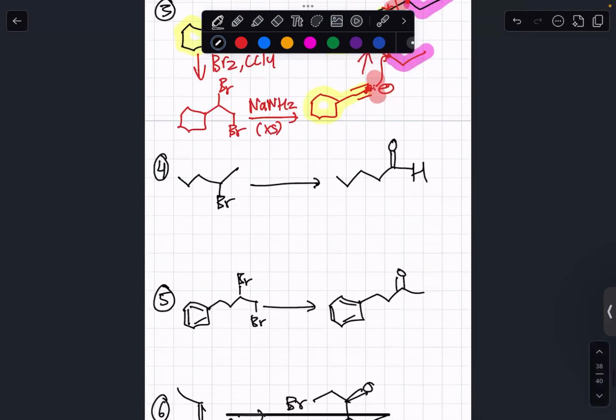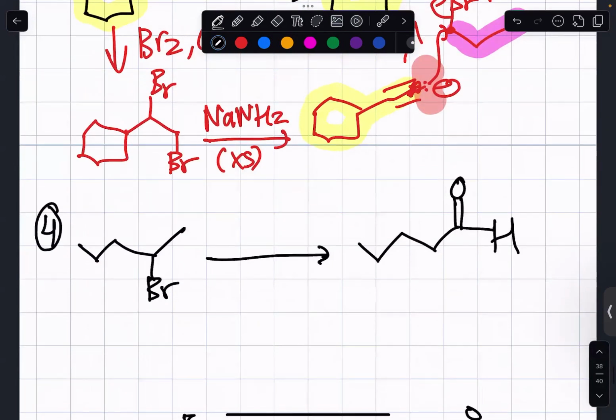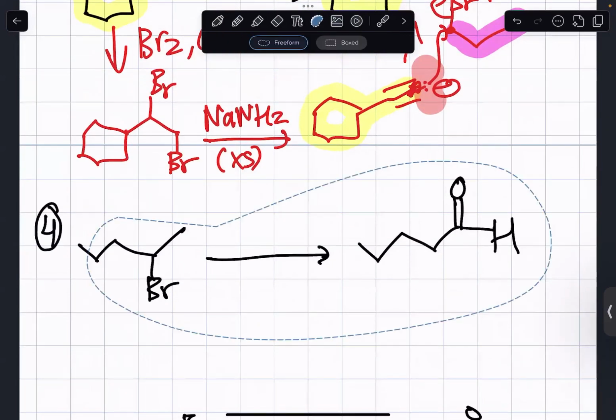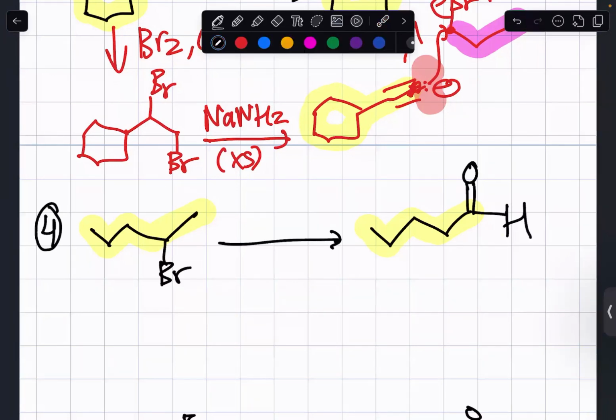Okay. So let me walk you guys through this. We have an aldehyde right here. If I highlight my original molecule in yellow like that, the differences are going to be this bromine and aldehyde right there.